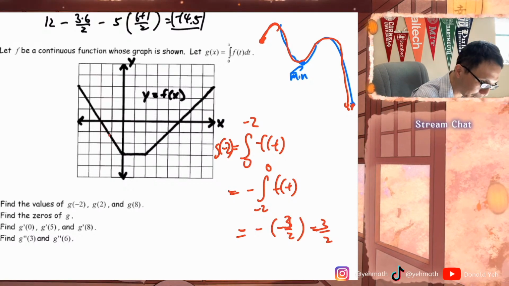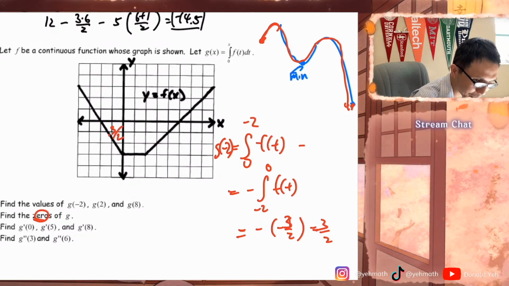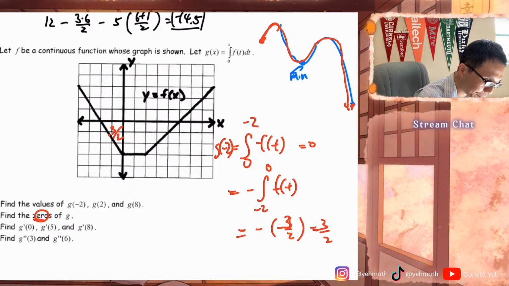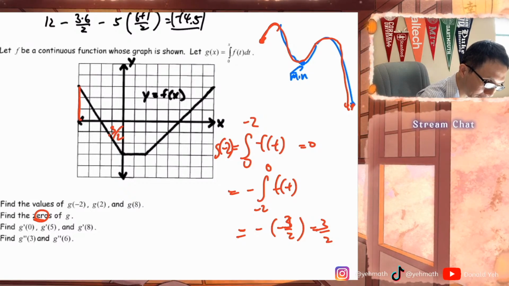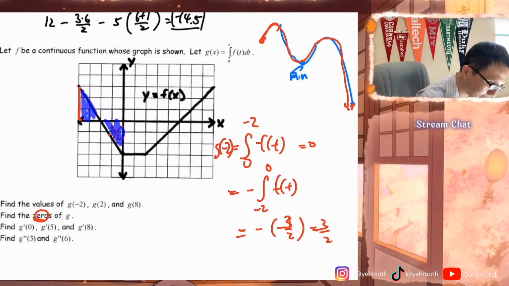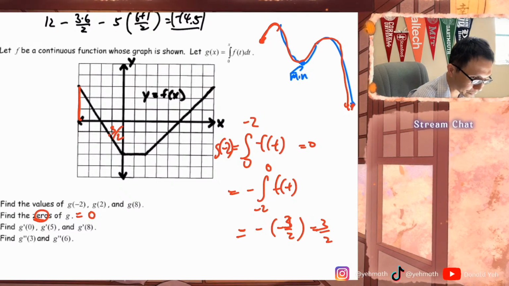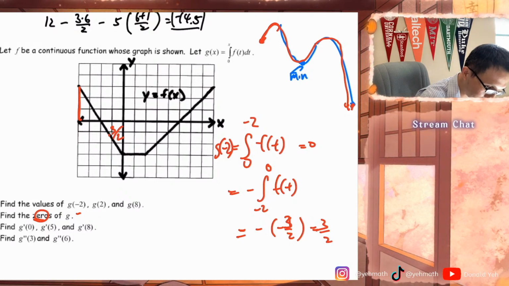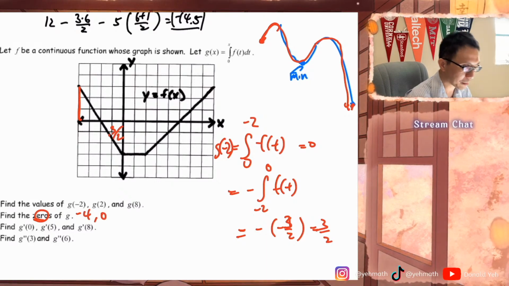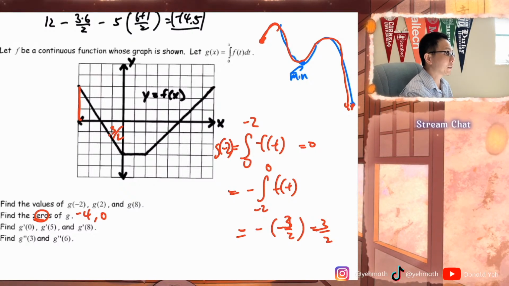So if you want to find 0, you want to make sure this ends up being 0. So you had to go back further. If I go back here, then this negative and this positive are going to cancel, and that's equal to 0. Sorry, equal to -4. And 0, because at 0 you don't have area under the curve. At -4, the positive area and negative area cancel out.